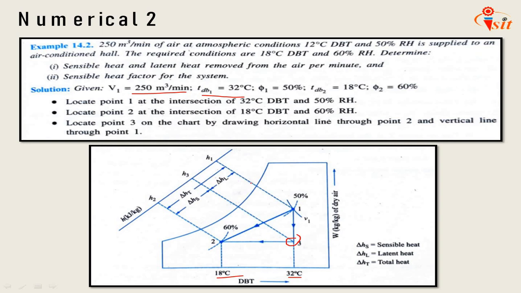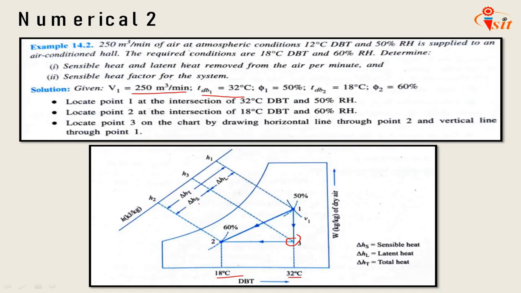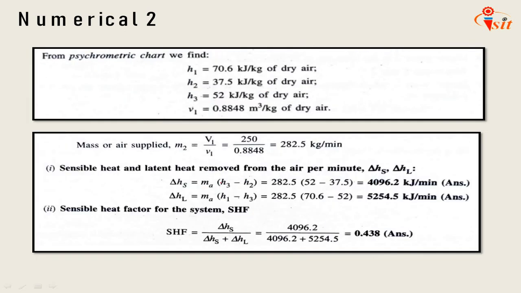Now how to calculate sensible heat? Sensible heat is calculated by enthalpy calculations. Here you can see enthalpy for sensible heat, enthalpy for latent heat, and this is the total enthalpy, that is total heat. So we need to find enthalpy first at points 1, 2, 3.